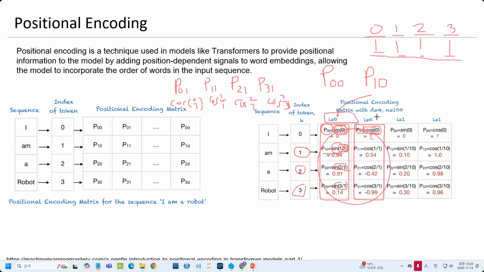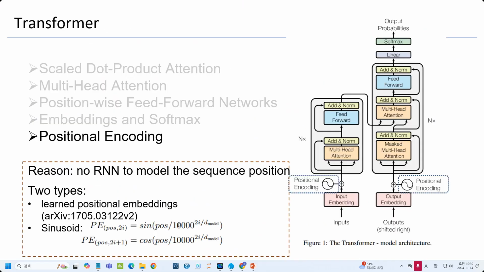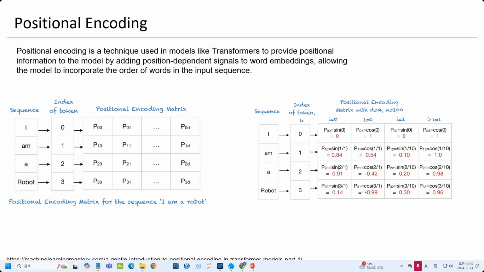Then we go to i equals 1. I will do the next step by looking at this formula: 10,000 to the power of 2 times i divided by d model.